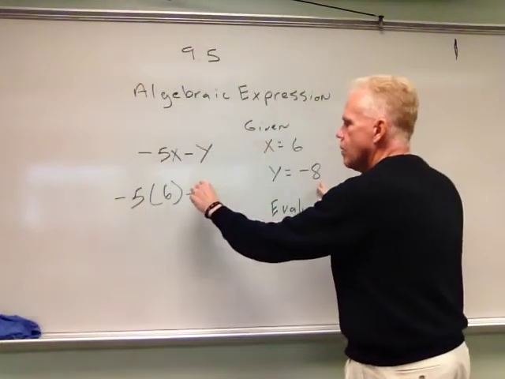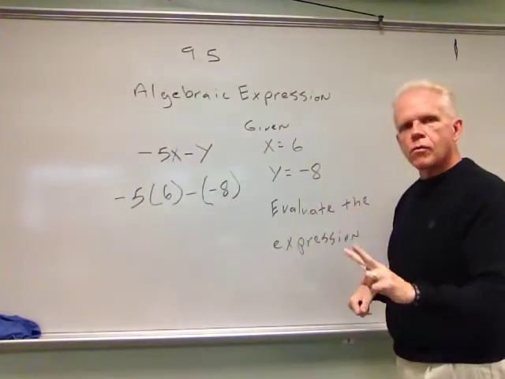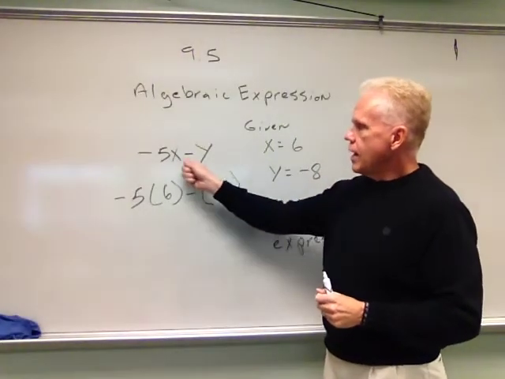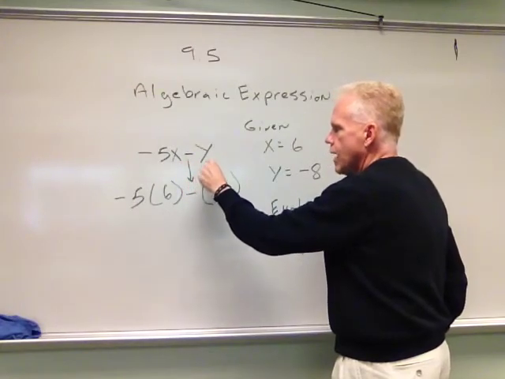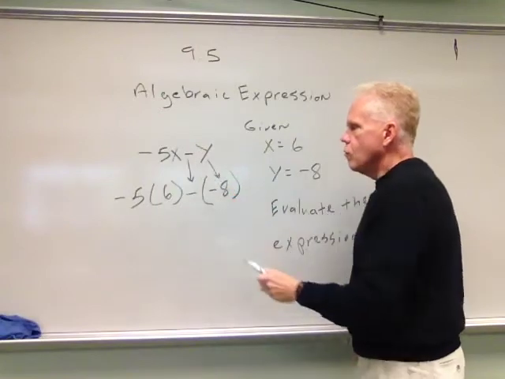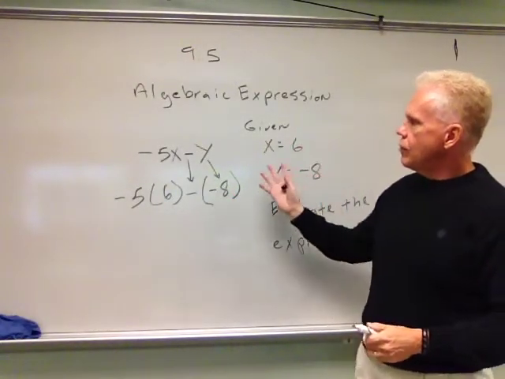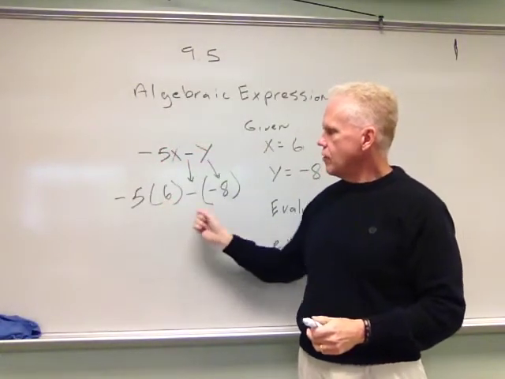So we're going to need to come right back here and put -8. So we're accounting for two negative situations here. We've got the negative right here that we drop down, and then the y itself is a -8, and we put that in parentheses.